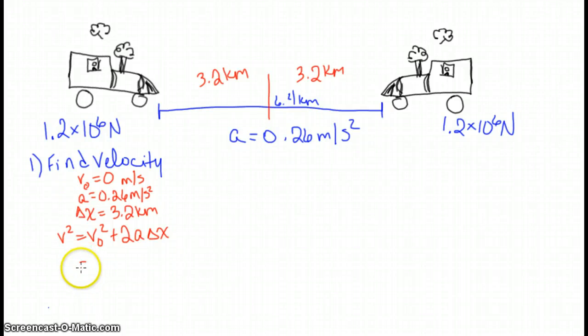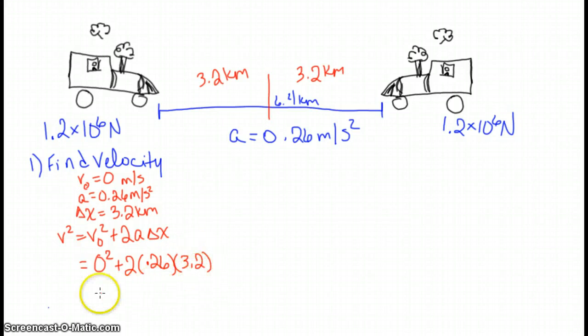We know that the final velocity squared is going to be the initial velocity, which is 0, plus 2 times 0.26 times 3.2. So what we're going to get is that the final velocity is going to be the square root of that. So square root of 2 times 3.2 times 0.26, which is going to be about 40.8 meters per second.